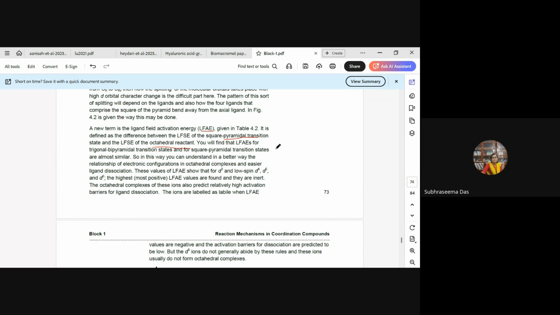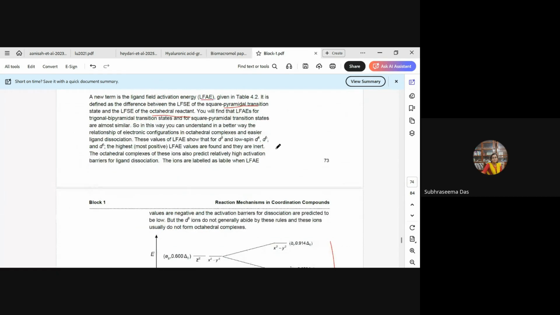That is, the LFAE is the difference between the octahedral ML6 minus the square pyramidal ML5. We will find that the ligand field activation energy, the LFAE, for the trigonal bipyramidal transition state and for square pyramidal transition states are almost similar. So we can understand in a better way the relationship of electronic configurations in octahedral complexes.